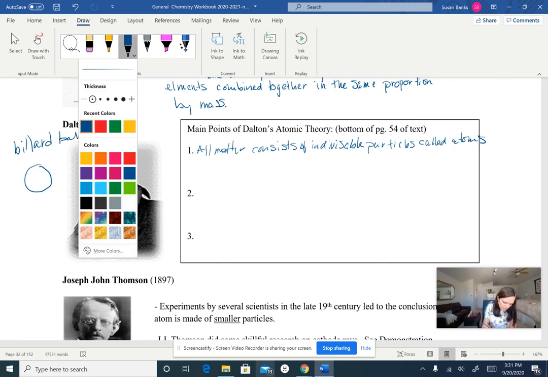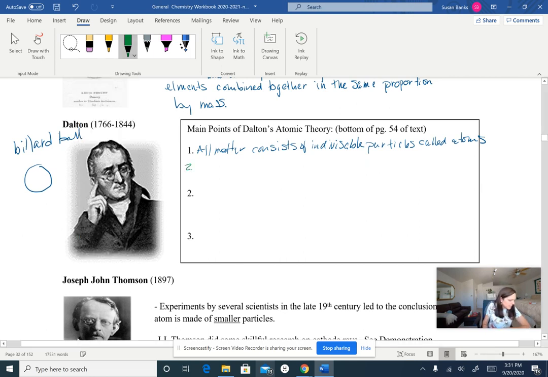Okay, let's do another color so that we can do this next one. Okay, idea number 2. Atoms of the same element are the same size, shape and mass.